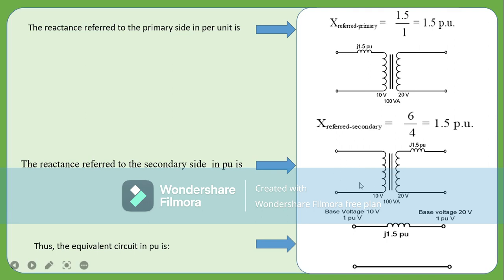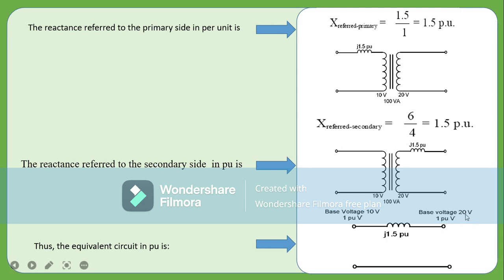So this is the per unit circuit. This is the reactance referred to the secondary side of the transformer. So you can see this is the per unit value, which is 1.5 per unit. Whichever side you use, we can now replace the circuit. Instead of having this coil of a transformer, we can just replace it with the input, base voltage of 10, base voltage of that, and we can see our per unit voltage.